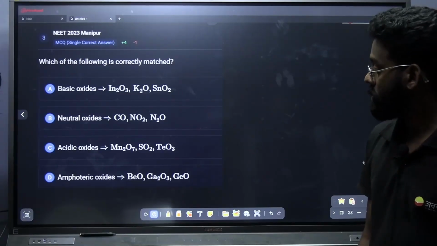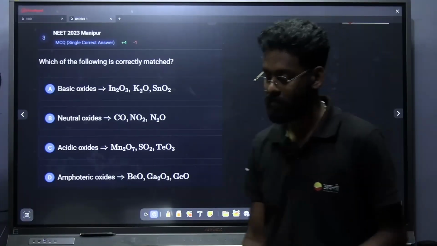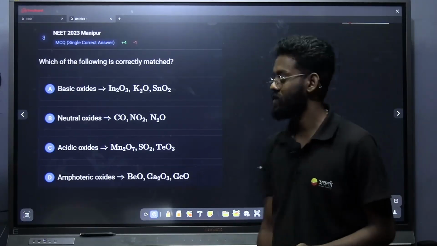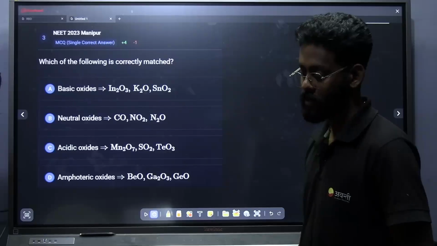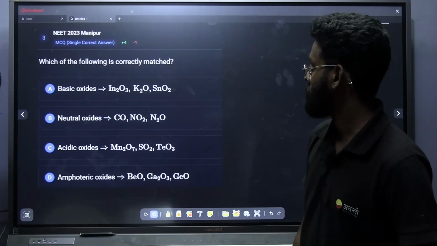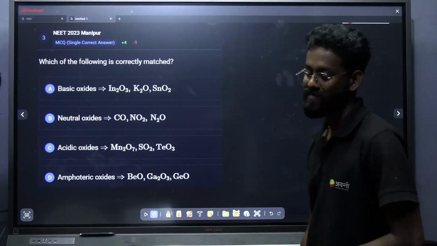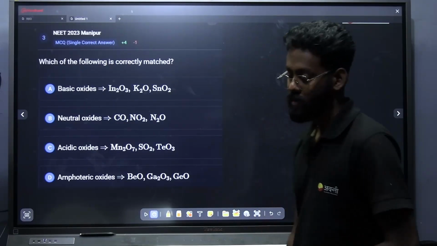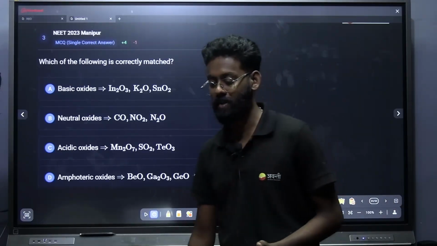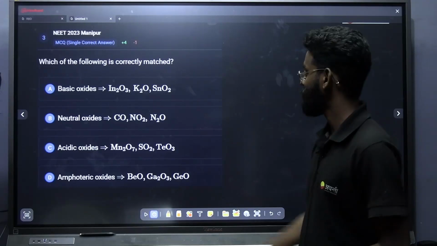Sangeeta is saying option B. Prathamesh is going opposite to Sangeeta, saying acidic oxides, option C. Chris is saying option D. Anyone saying option A? No one? Okay, so your options are B, C and D.